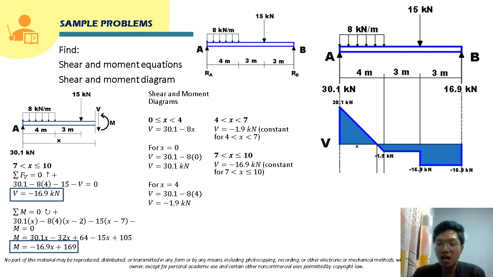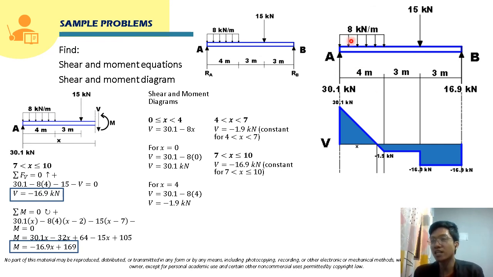Okay, so class, we are going to connect those points. So we have this point, this point, this point, this point, this point, for shear. For the first segment, the point here is this point, and this point. To connect these points, we will base that on the loading.